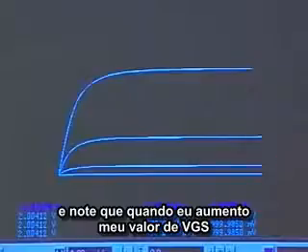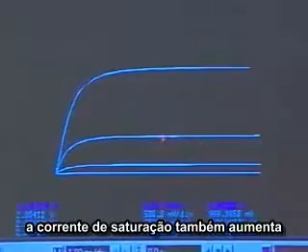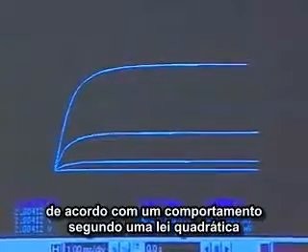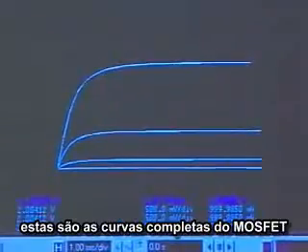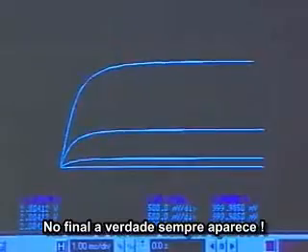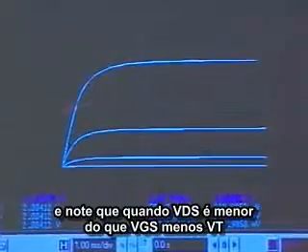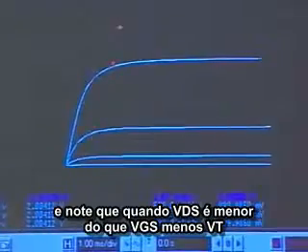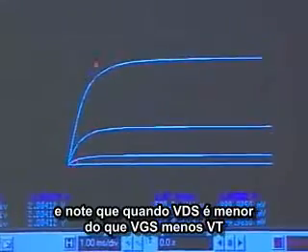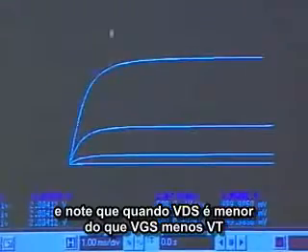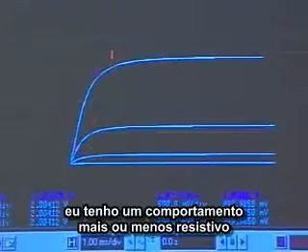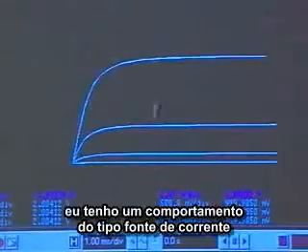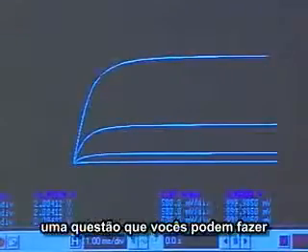And notice, as I increase my value of VGS, the saturation current also increases according to a square law behavior. So these are the entire curves of the MOSFET. Okay, finally the truth comes out. And notice that when VDS is less than VGS minus VT, more or less resistive behavior. But when VDS is greater than VGS minus VT, I get current source-like behavior.